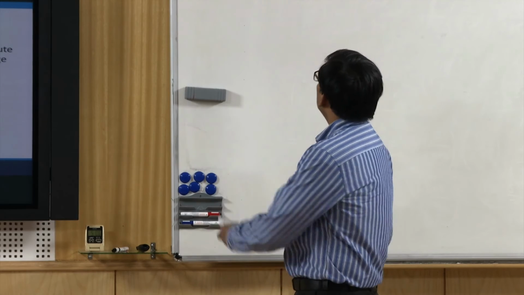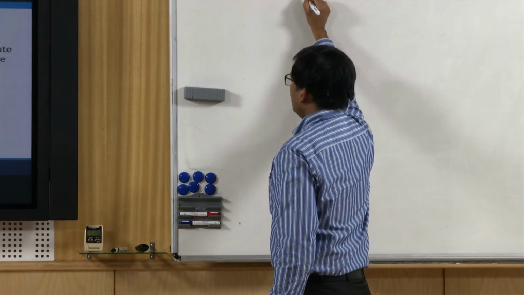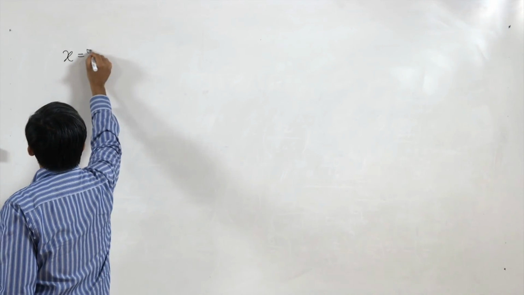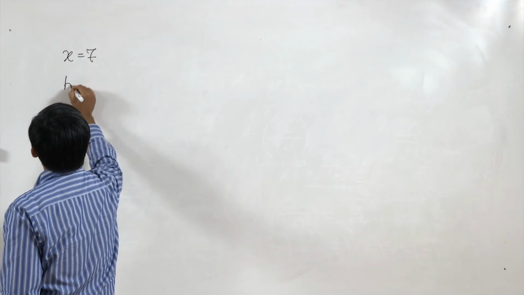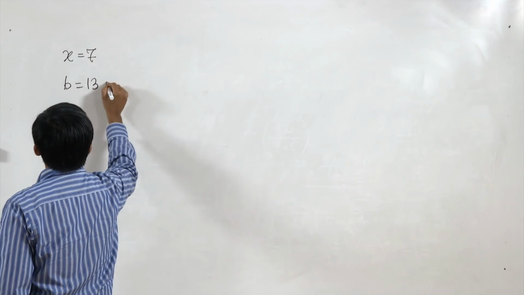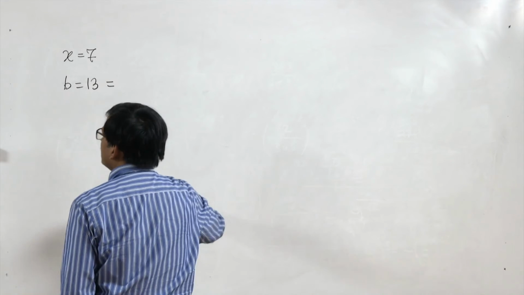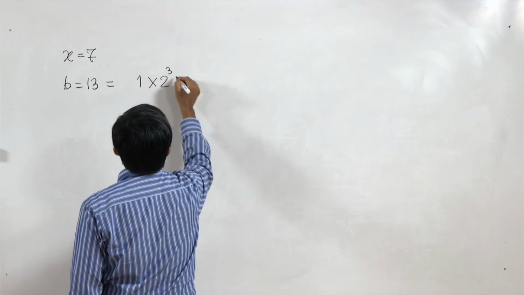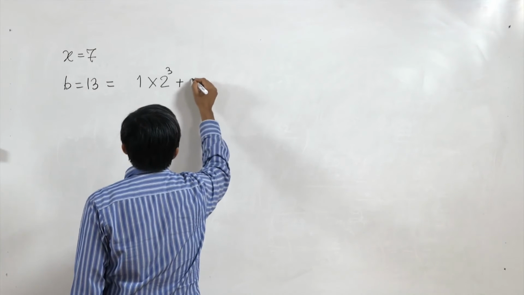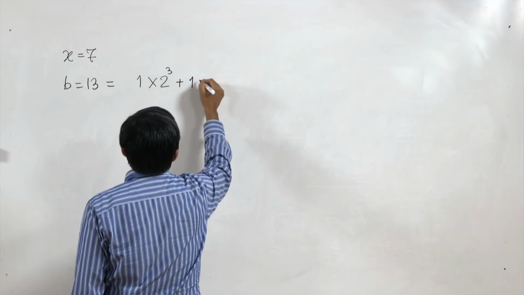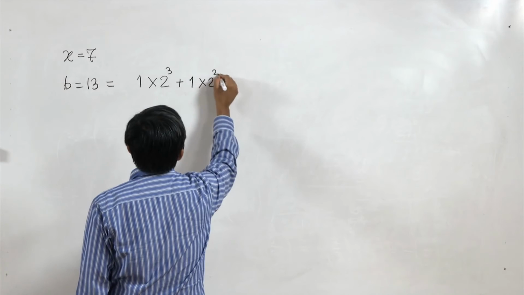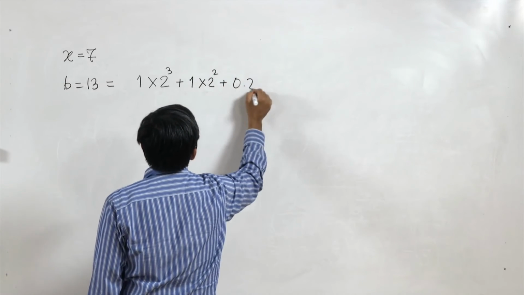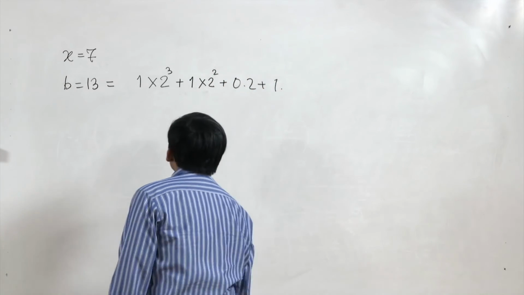All right. So, we have x equal to 7 and b equal to 13. 13 can be written as 1 times 2 cube plus 1 times 2 square plus 0 times 2 plus 1.